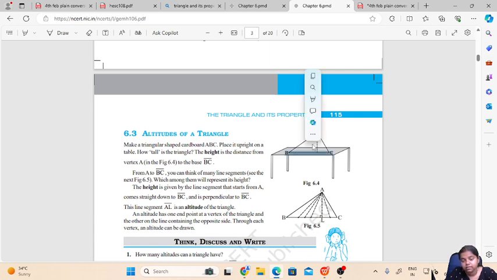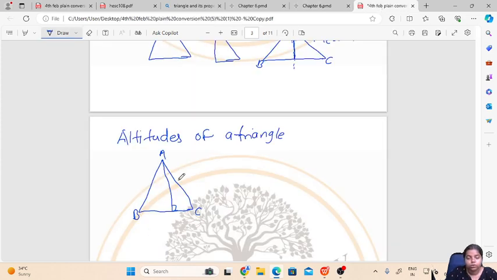Like this. Wait, we'll draw later. Here we'll draw. So here we have drawn. This is an altitude of a triangle, correct? This altitude we have drawn bisects the side BC, drawn from this vertex A to the side opposite to this vertex.